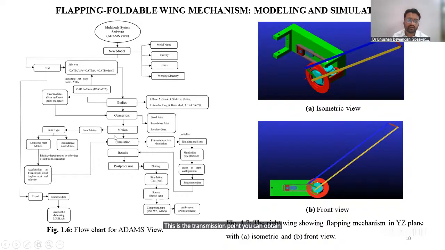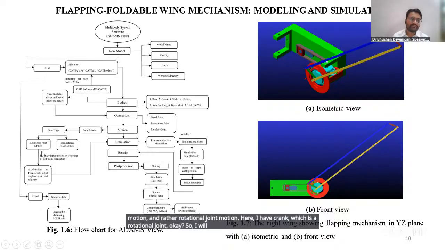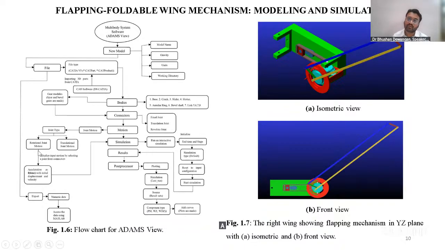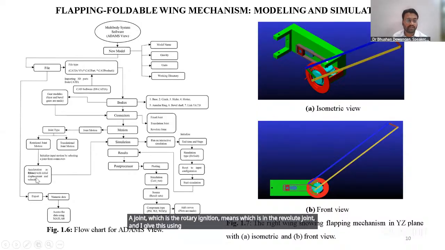So in the motion, I give the joint motion to one joint. Here also you just focus: the translation joint motion and the rotational joint motion. Here I have the crank, which is a rotational joint. So I will initialize the input motion by selecting a joint with rotary motion, which is the revolute joint, and I give this with initial displacement and velocity, which is a function of time.